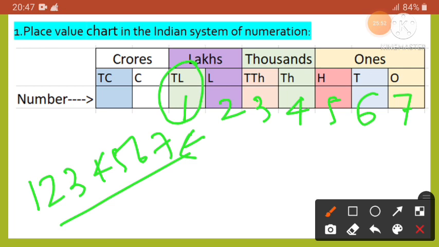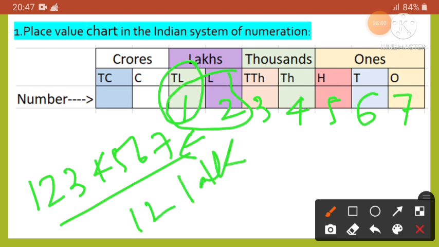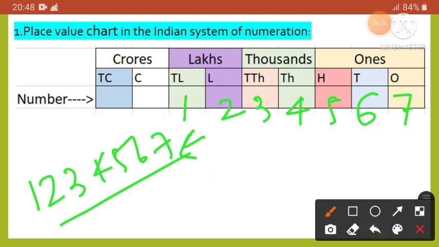Basically we can write it like that, 12 lakhs. So 12 lakhs, then it will be 34,000, and then 567.